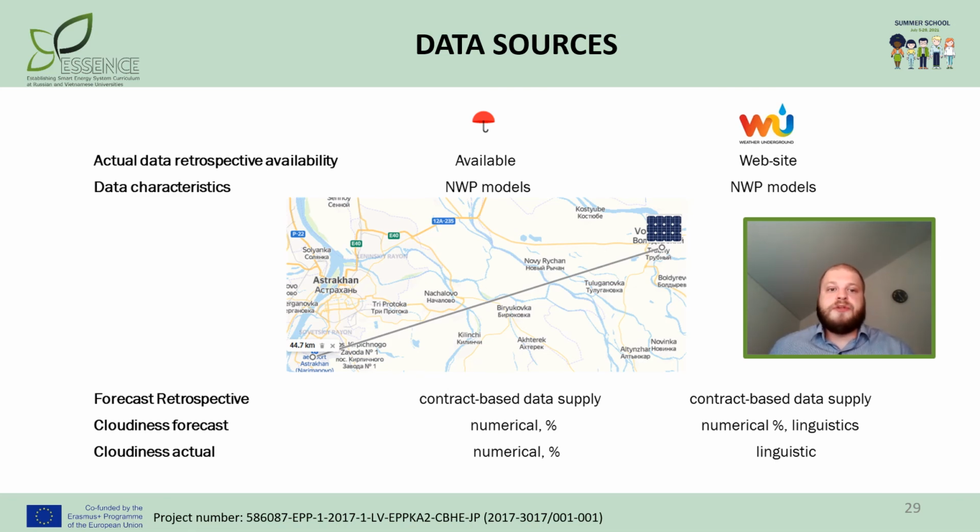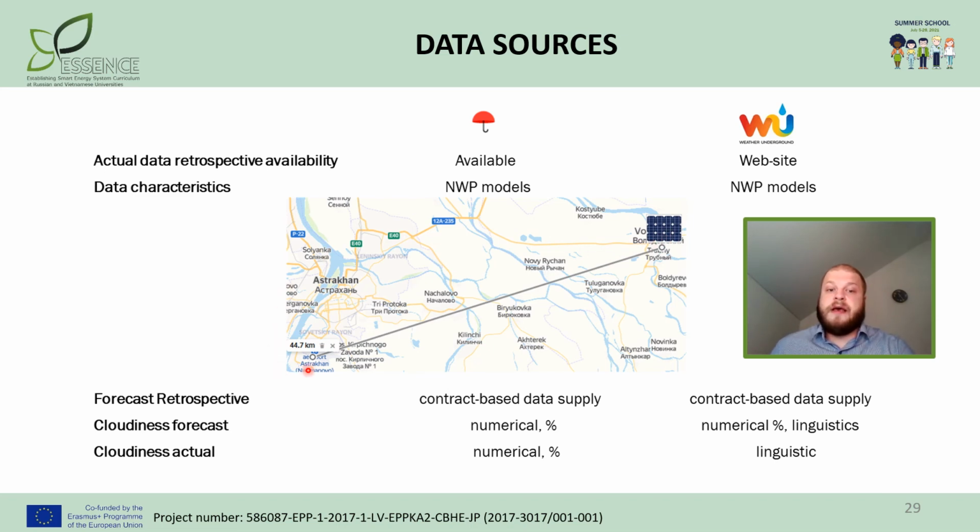So we take into account the availability of actual data retrospective, and we analyze data characteristics. It means what kind of models are implemented to get these weather forecasts for a day-ahead perspective. Even these numerical weather prediction models may have different characteristics, like different resolution, different models of taking into account the atmosphere of the Earth, and so on.